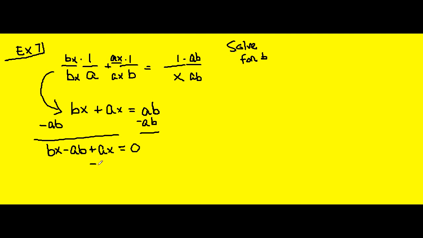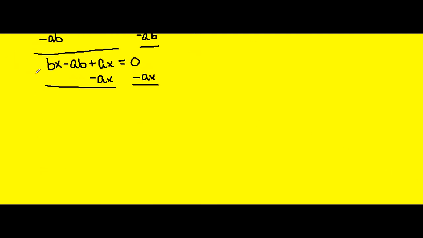So that means I'm going to subtract ax from both sides. Scoot it down. Now I'm going to have bx minus ab, that's 0, equals negative ax.